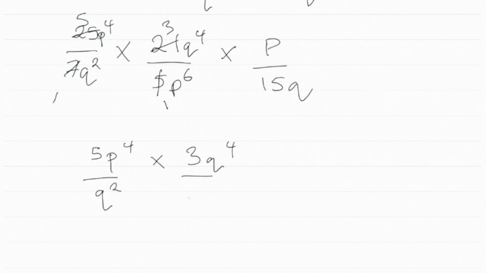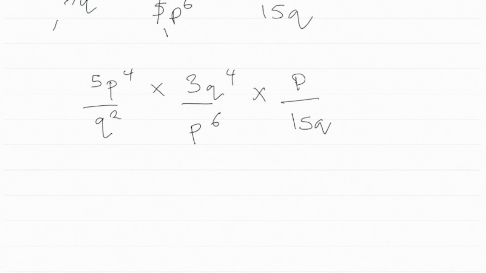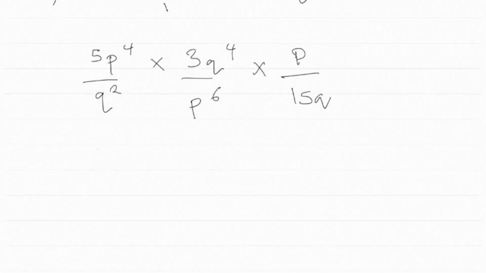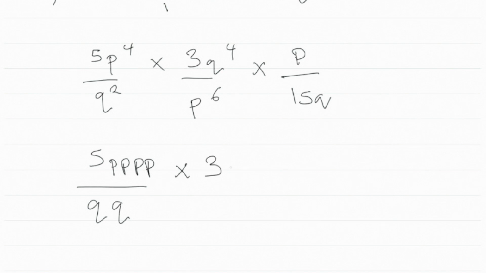When you simplify further, you can see that 5p to the power 4 is the same as 5p over q times 3q over pp. This is simple.